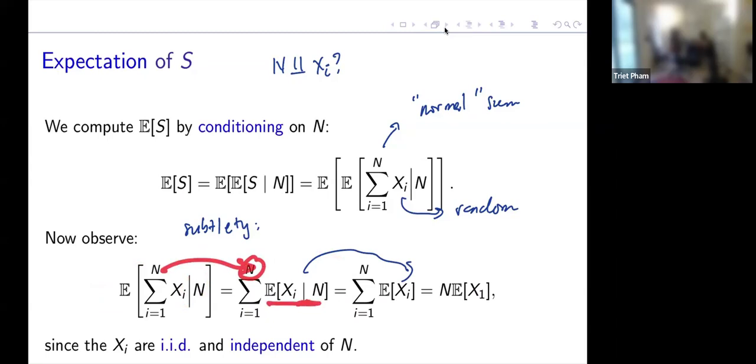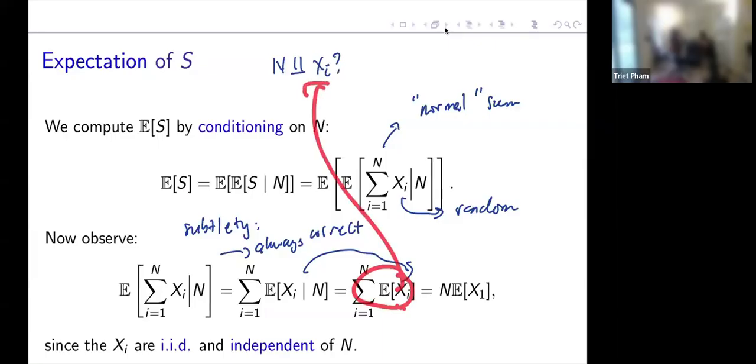This is always correct. But dropping the conditioning, to allow us to just calculate this as an expectation, requires the independence. Without independence, we can't do that. So that's the subtlety.